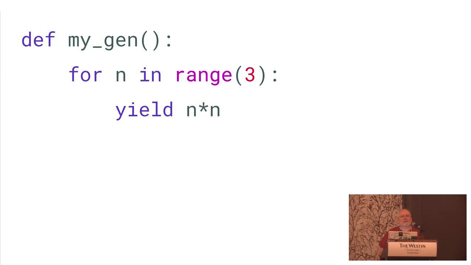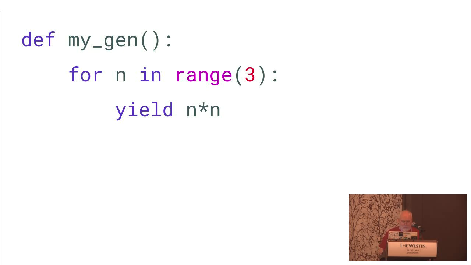So let's introduce a generator. I've got a little finite generator here that's going to yield out 3 values. And does this work, given that statement and the code samples we just looked at, the mental model that's built up in your head about how this might work?